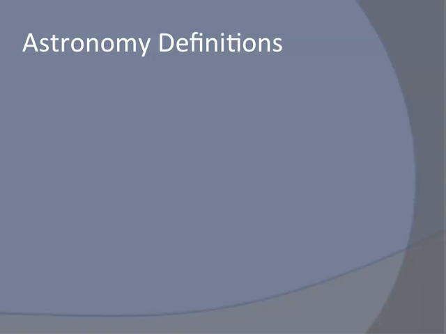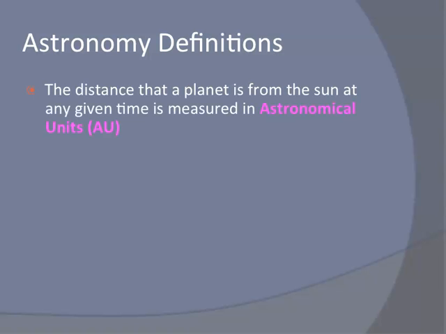So a couple of astronomy definitions just to get us acquainted with some terminology. The distance that a planet is from the sun at any given time is measured in astronomical units, or AU. And one astronomical unit is equal to 93 million miles, or 149.6 million kilometers.